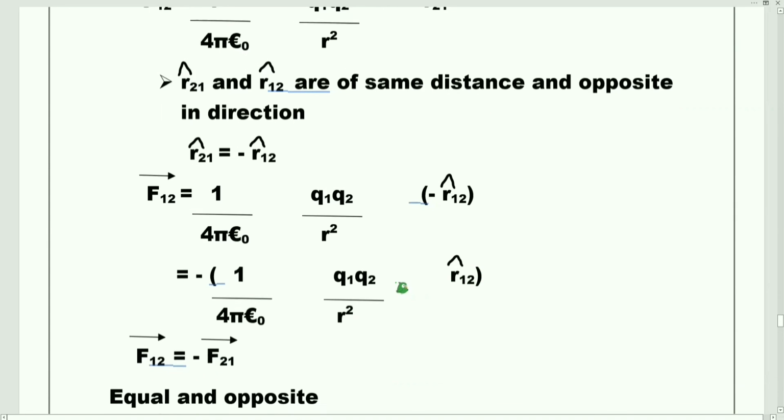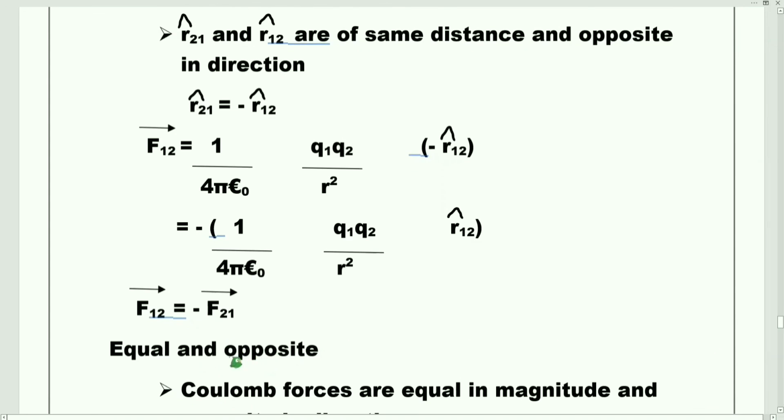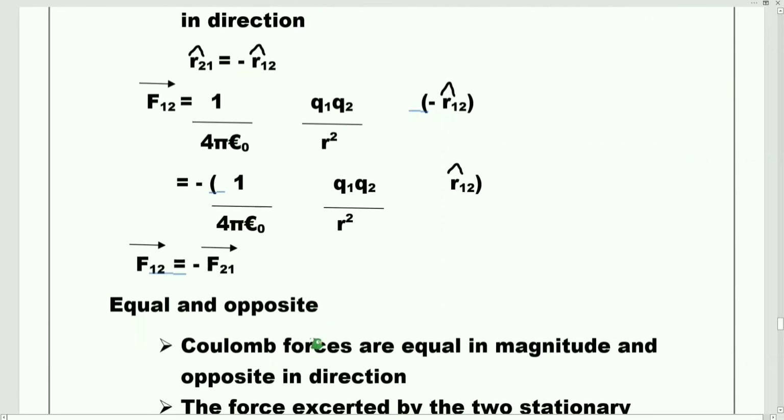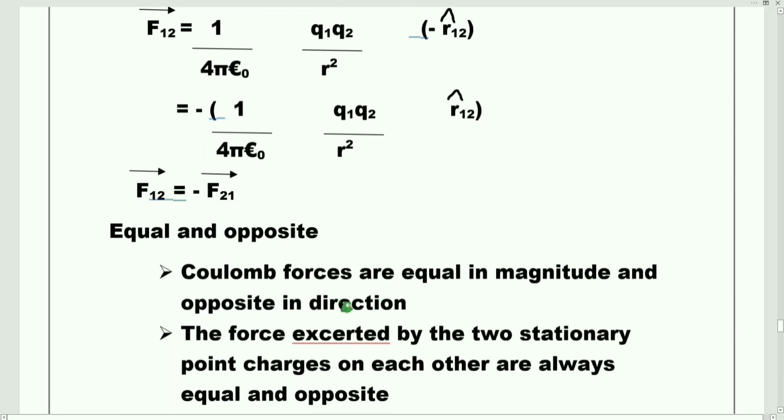And now F12 vector is equal to minus F21 vector. That is, equal and opposite. Coulomb's forces are equal in magnitude and opposite in direction. The forces exerted by the two stationary point charges on each other are always equal and opposite.